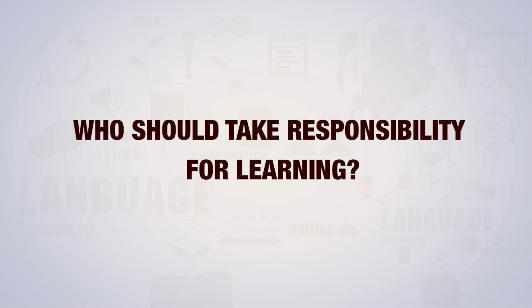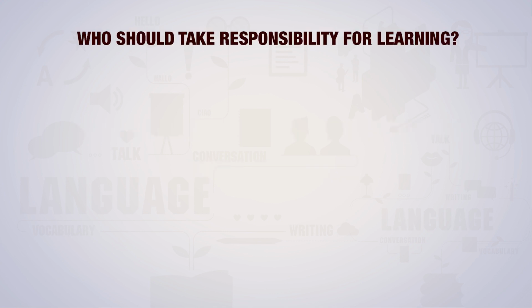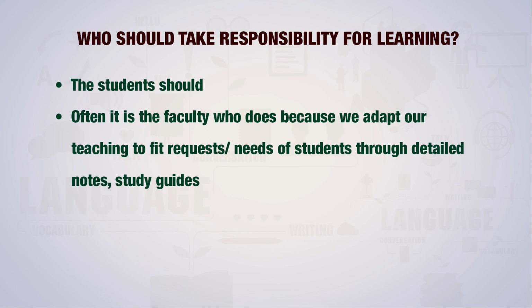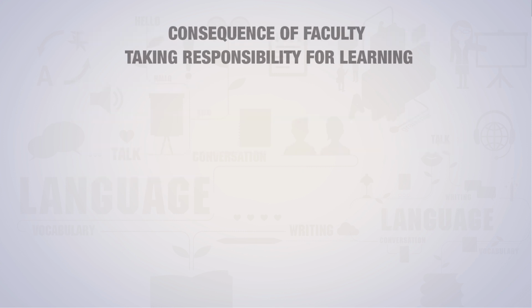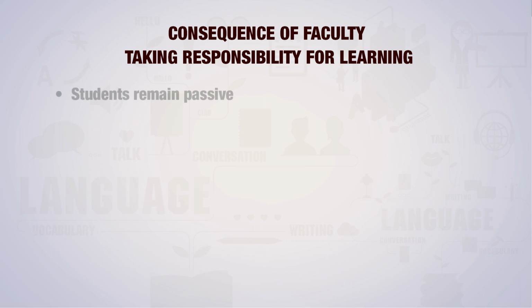Now we come to the question of who should take the responsibility for learning. The answer is the students should. Usually it is us, the faculty, who do this because we adapt our teaching to fit the requests or the needs of the students through detailed notes, study guides, etc. The consequence of faculty taking responsibility for learning is that the students will remain passive.